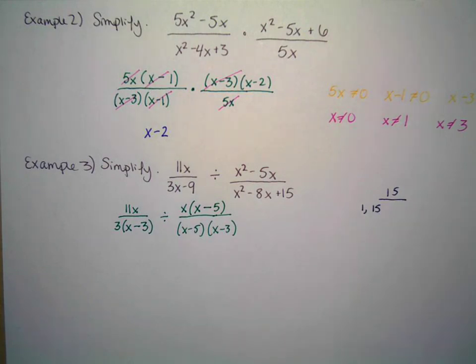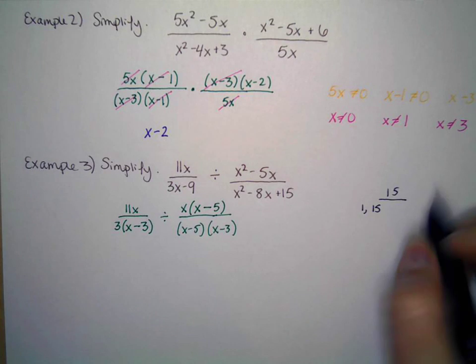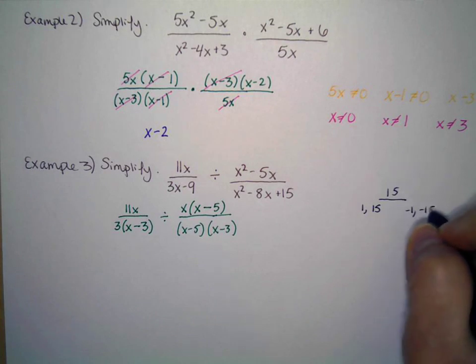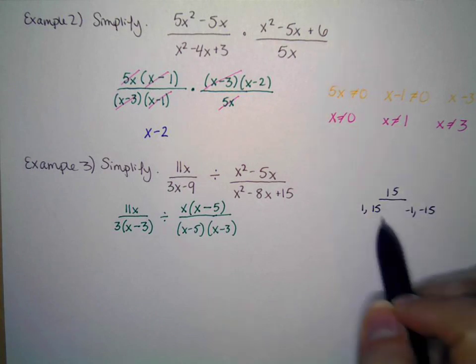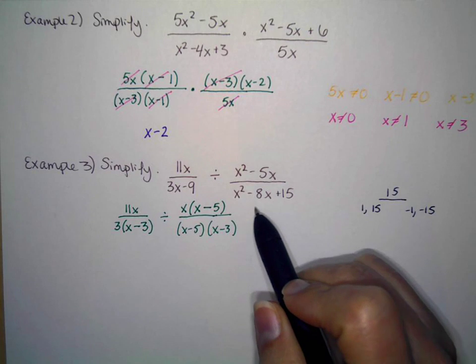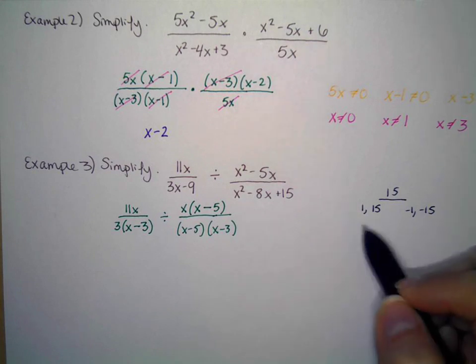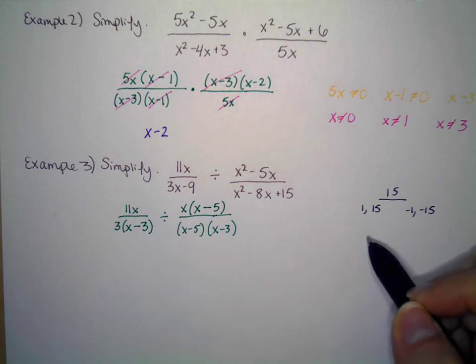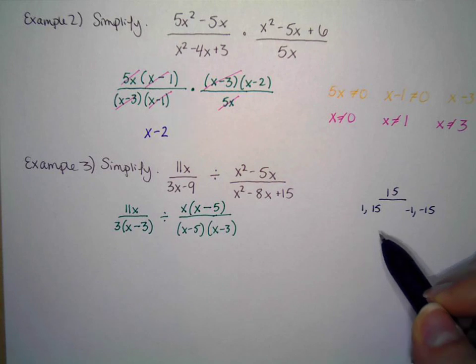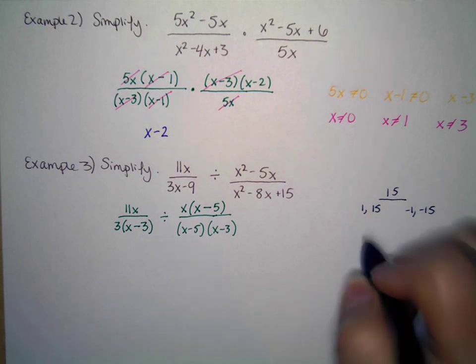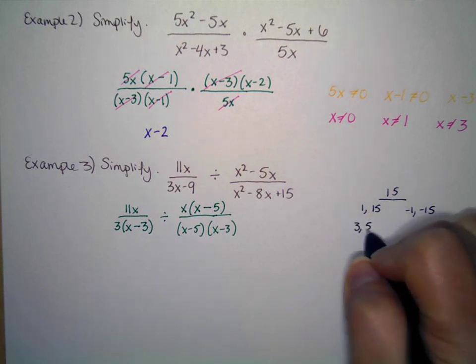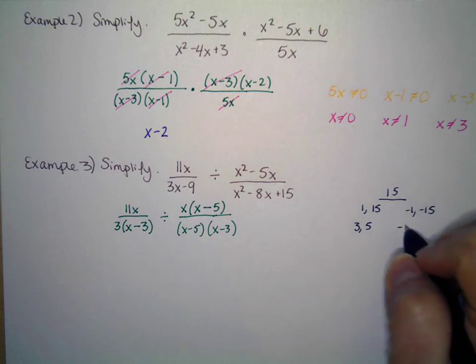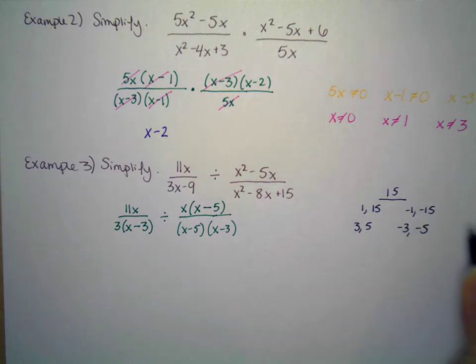Now, there's another pair that's very similar that multiplies to give 15, and that's negative 1 and negative 15. Neither of these pairs is going to add up to negative 8, so I would want to keep going. After 1, the next smallest number that goes into 15, well, 2 does not go in, but 3 does. 3 times 5 is 15, and so it's negative 3 and negative 5.